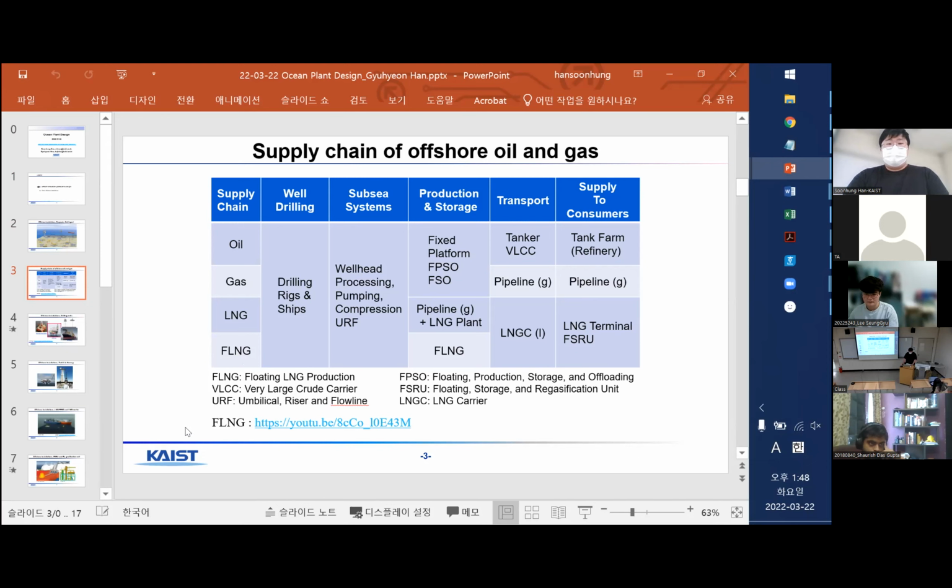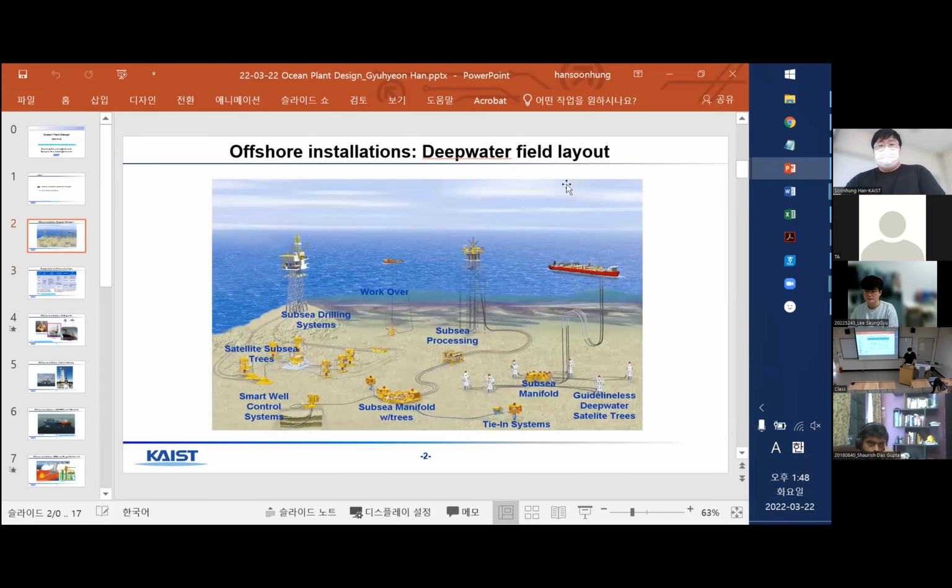And URF is umbilical, riser and flow line. The umbilical means a kind of multi-purpose hose or cables, excluding the flow line. And riser is the flow line or production line connected to the surface. So basically, this line can be a riser because it's connected to the surface.